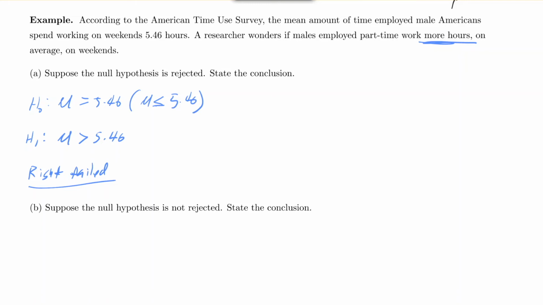Okay, so let's write the conclusion. In this problem, it says the null hypothesis is rejected. We reject H naught. If you reject, since this is rejected, there is enough evidence to support the alternative. So let me write the answer. Reject H naught.